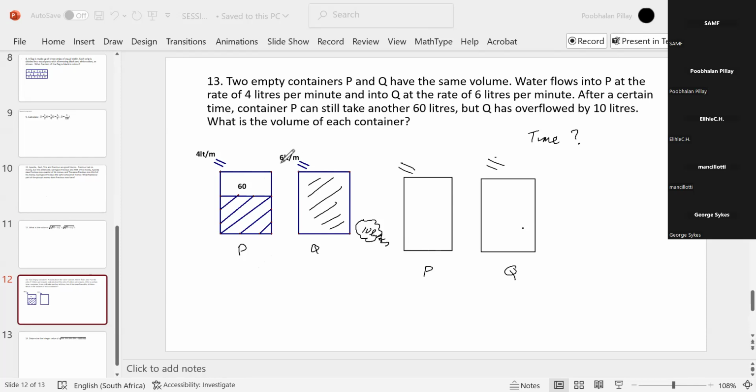Because it's got 6 liters per minute. So therefore, the number of minutes is 70 over 2, which is 35. So in other words, this is going on for 35 minutes, right? So the question is, what is the volume of each container?